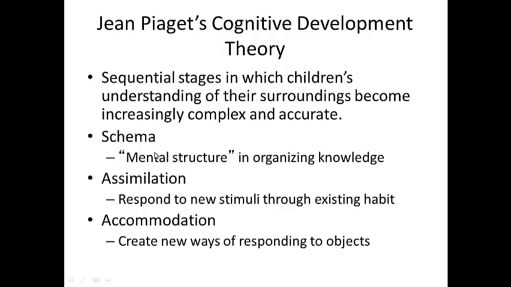So it's this mental structure. It could be, for example, initially, that the child is going to come up with the idea, with this mental structure, that an animal that walks around on four legs is a dog, right? So it's a rudimentary, at first at least, way of understanding the world around them and organizing knowledge.